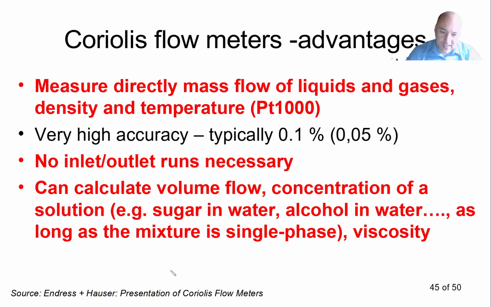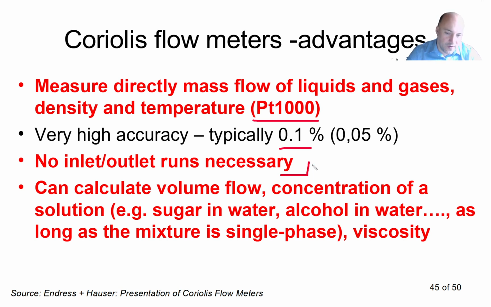Let's look at the advantages and disadvantages. It measures directly the mass flow of liquids and gases. It measures directly the density, and for example, if we add something like a PT1000, we can measure the temperature as well. It is very accurate. Typically 0.1% is quite achievable.